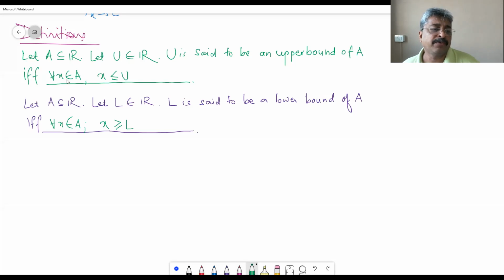U is an upper bound if and only if for every x belonging to A, x is less than or equal to U. L is a lower bound if and only if for every x belonging to A, x is greater than or equal to L.